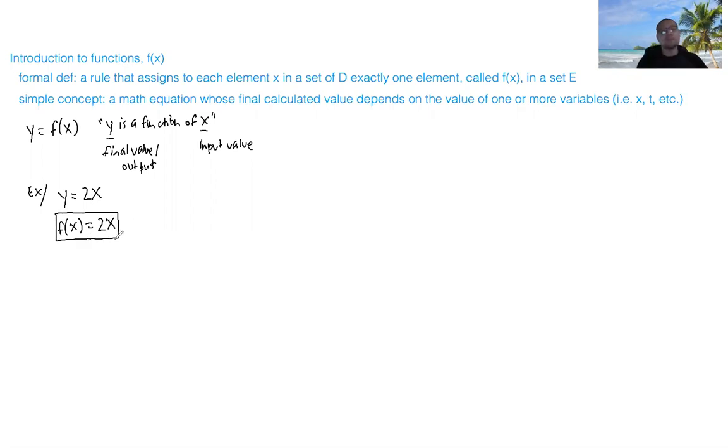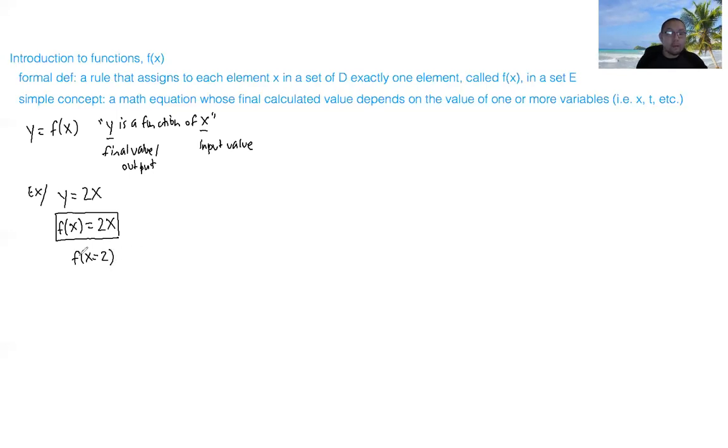Let's look at it from this form. All this is saying is that the function, in this case defined as 2 times x, is dependent on the value of x. Let's say I evaluate the function at x is equal to 2.